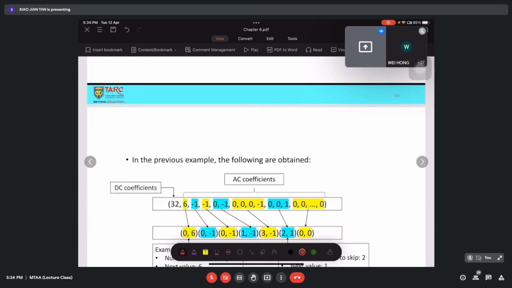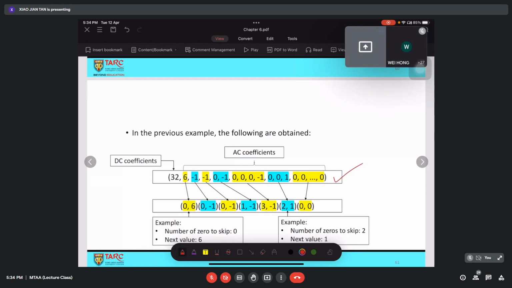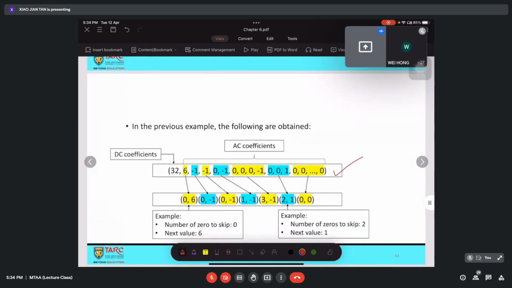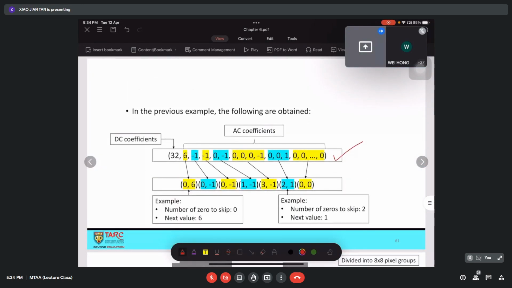So after you get this, this one is where you get from here. The first one is the DC value. In practice, the DC value should be stored separately from the AC value. So that is why at this part you still see the DC value, 32, but in this part the DC value is no longer there because it is being stored by another method, so-called DPCM.